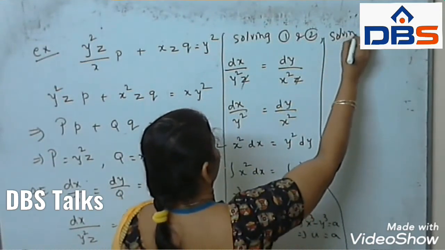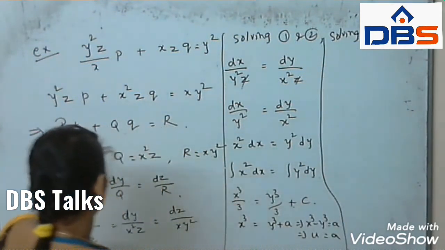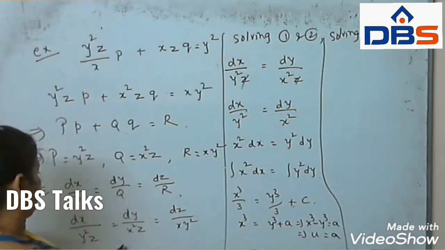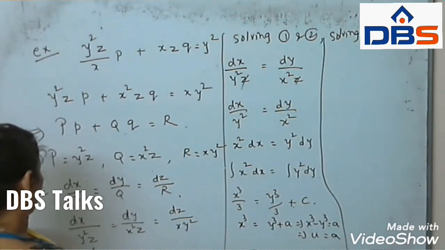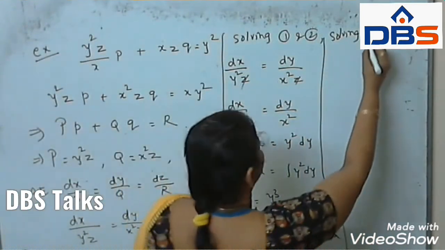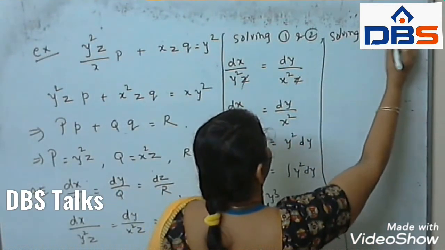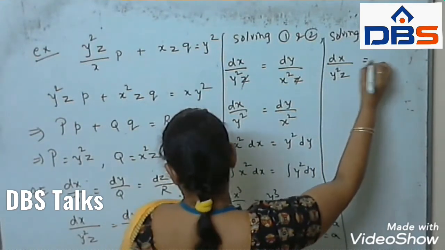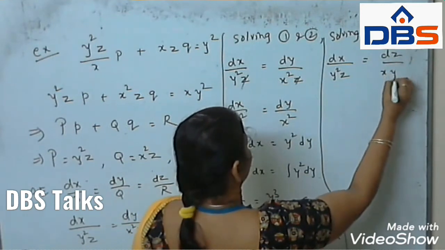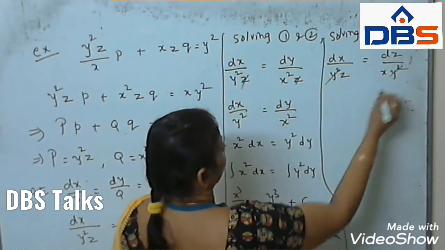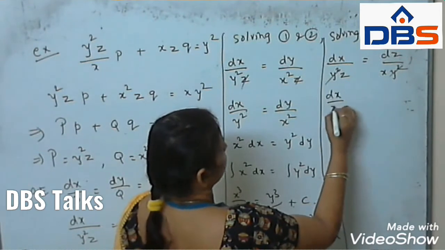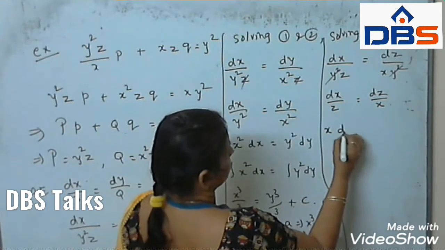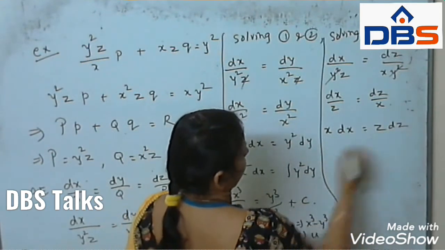Solving, let us take the other two, 1 and 3 ratios: dx by y square z equal to dz by xy square. Y square will be cancelled out. dx by z equal to dz by x. By cross multiplication, x dx equal to z dz.